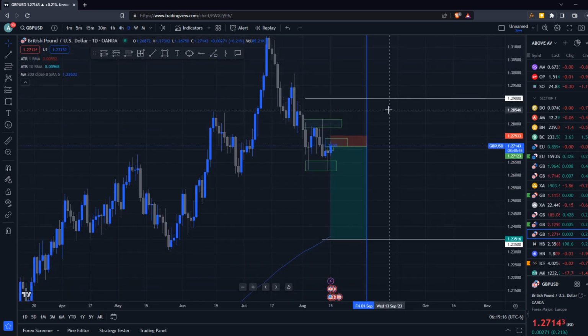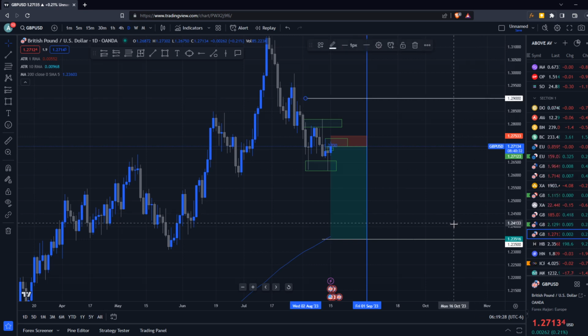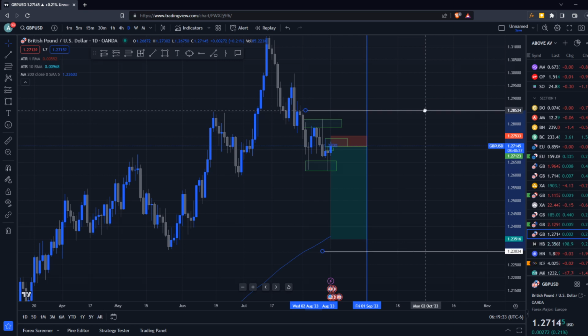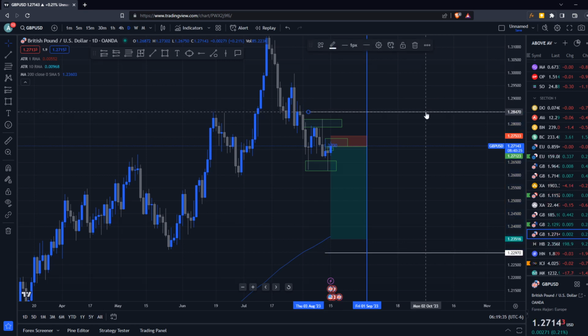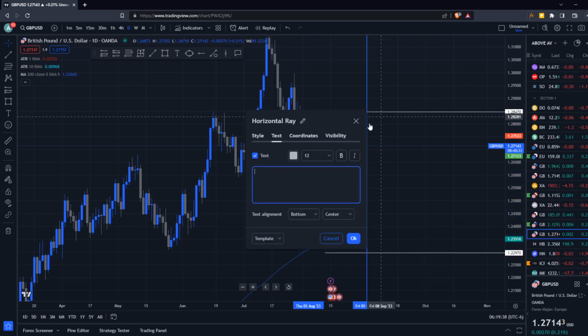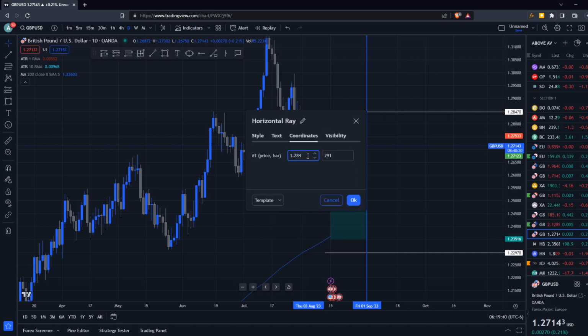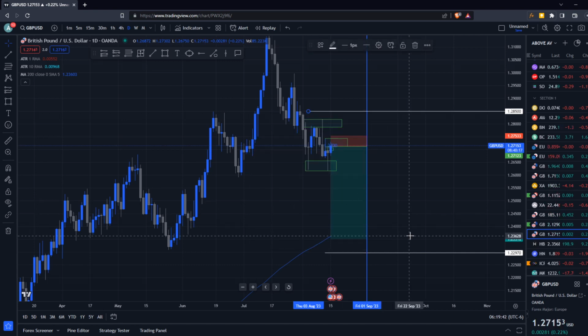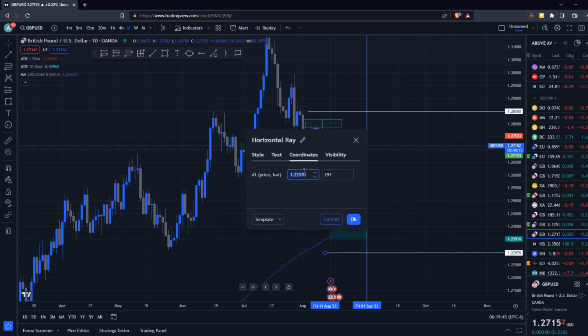This is still the monthly range, guys, so it's about 550 pips. If this was our monthly high, which actually it's a little bit lower here. Hold on, I gotta tidy these up a bit. We can move this down to 128.5. 123 is actually our monthly low now, so that's good to know.